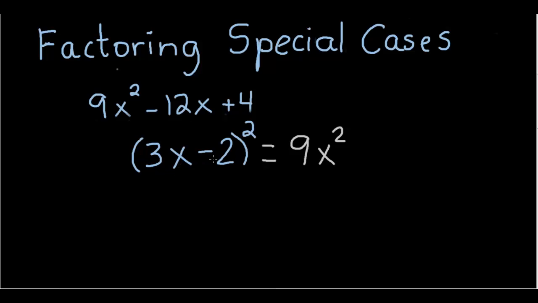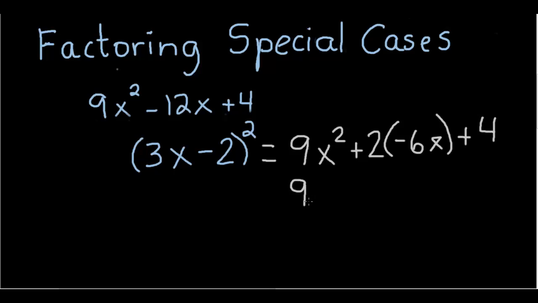Then plus twice the product of the first term times the second term. So 3x times negative 2 is negative 6x, plus the square of the last term. So negative 2 times negative 2 is 4.